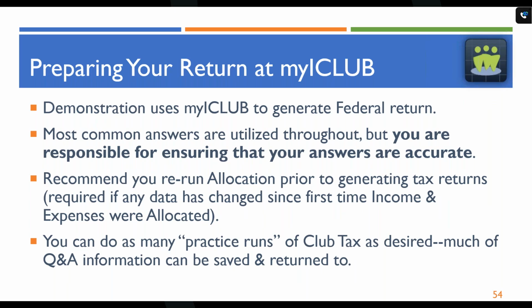You can do as many practice runs of Club Tax as you want. Nothing is going to get submitted to the IRS until you explicitly say, e-file this return. So you have the ability to generate the return, download a PDF of the return data, check it out, and review it. If you have any questions, let us know. Then once you're completely satisfied, you can return to the tool, go through the process, and submit your e-filed IRS return.